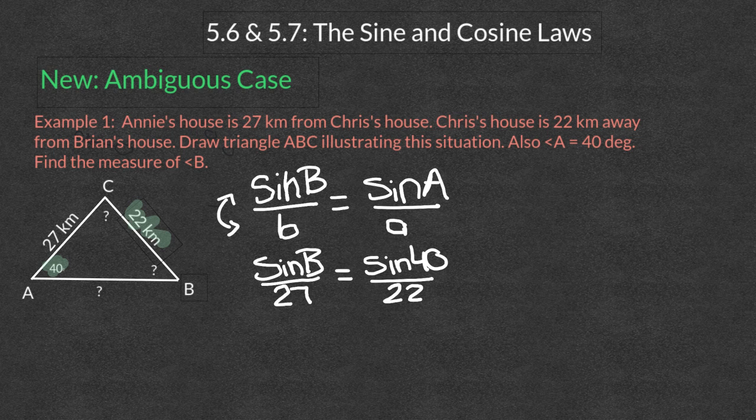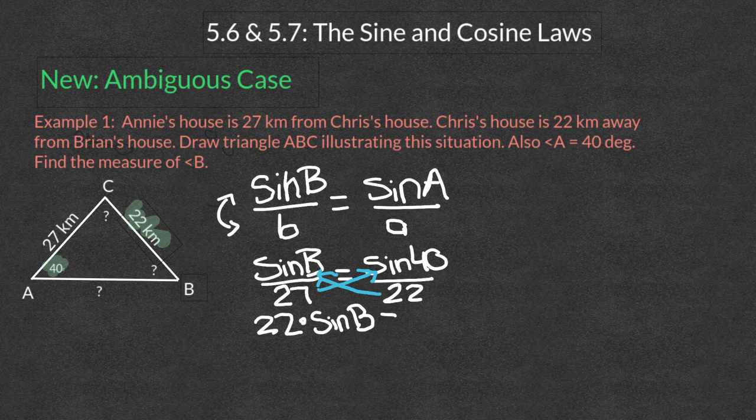So now that we have all of this in place, we're going to go with cross multiplication. So I'm going to multiply these two together using my calculator. I'm going to find sine of 40, multiply that by 27. And then I'm going to multiply this up here, but the B is still unknown. So what I'm going to have on my next line is 22 times sine B. There's a way to skip this.